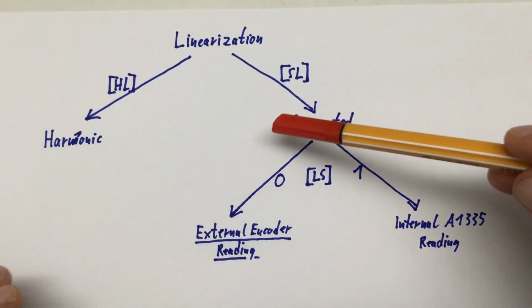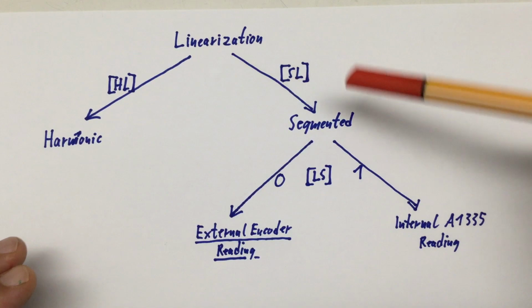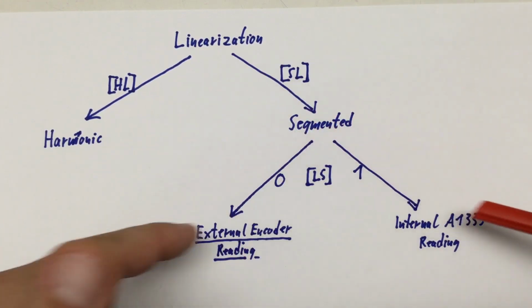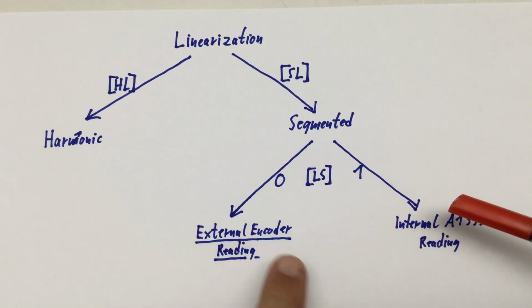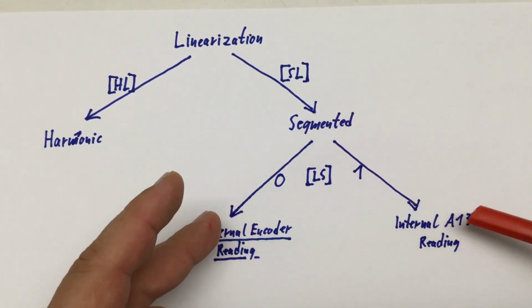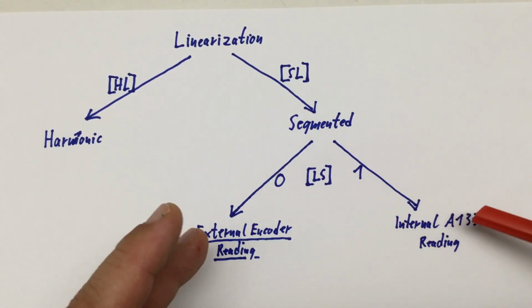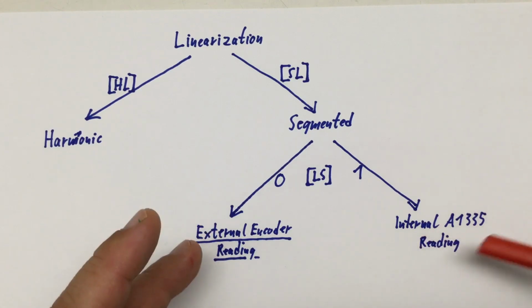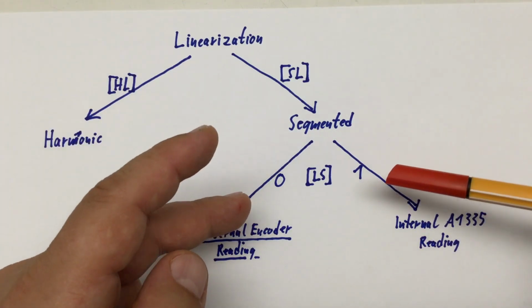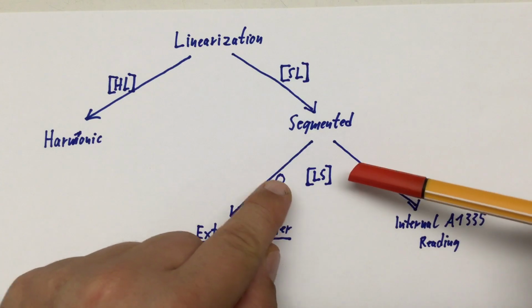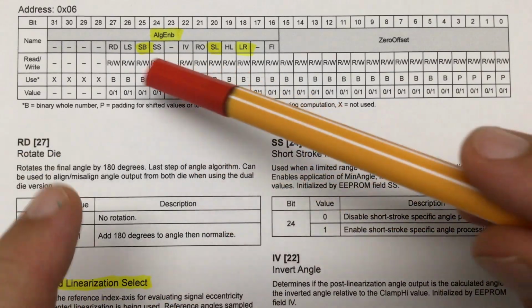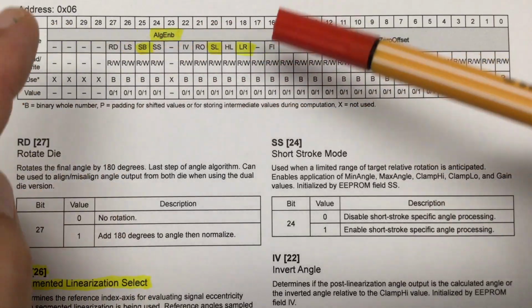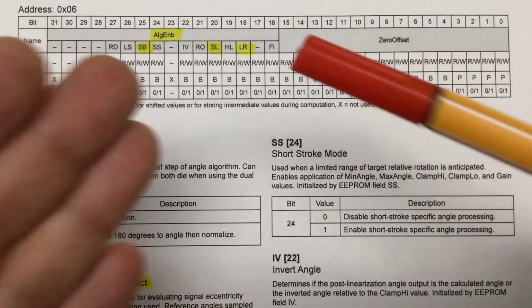Now let's talk about a segmented linearization. There we have actually two variants available. One using external encoder readings and the other internal A1335 angle readings. And that's controlled by the flag LS. That flag is of course also included in our algorithm enable 16-bit word here in the SRAM.